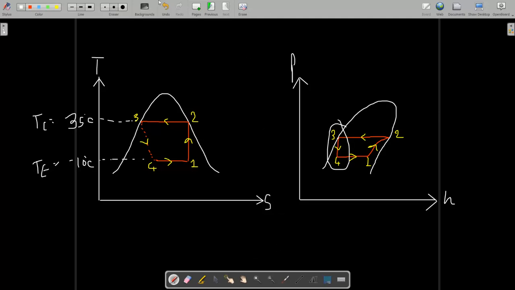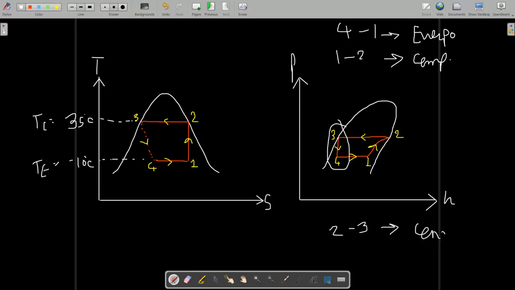Here I am writing again: 4 to 1 represents evaporation, 1 to 2 represents compression, 2 to 3 represents condensation, and 3 to 4 expansion.